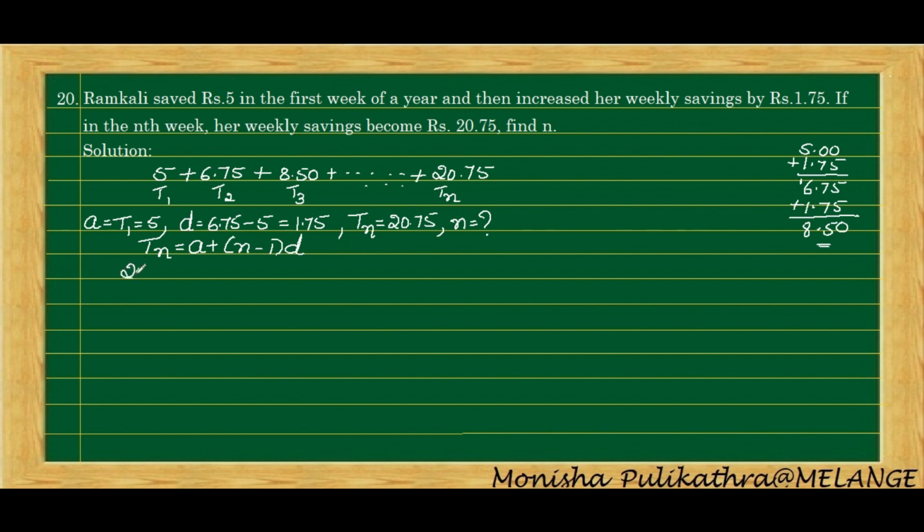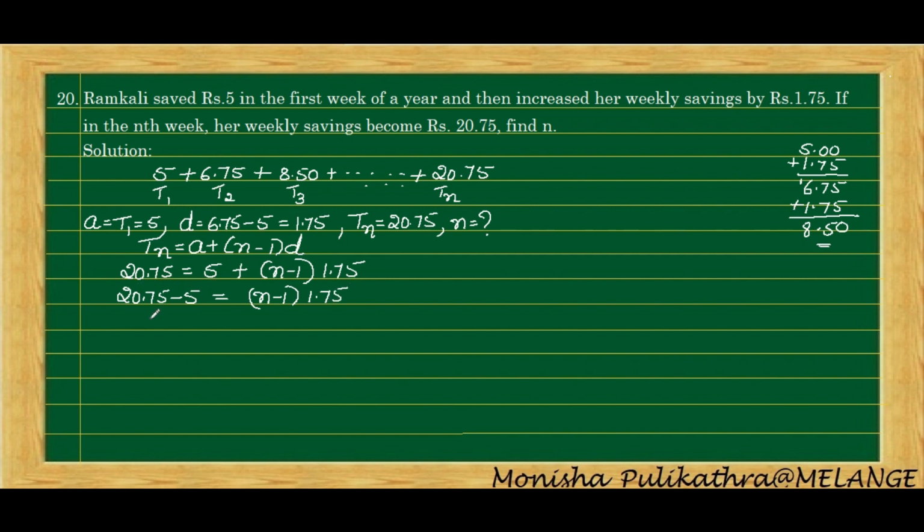Tn is 20.75, which is equal to the first term 5 plus n minus 1, we have to write as it is, and D is 1.75. First I will shift this 5 to the left hand side. So 20.75 minus 5 is equal to n minus 1 into 1.75.